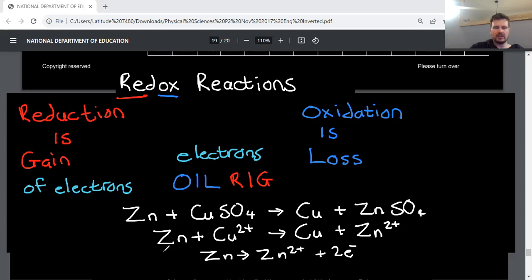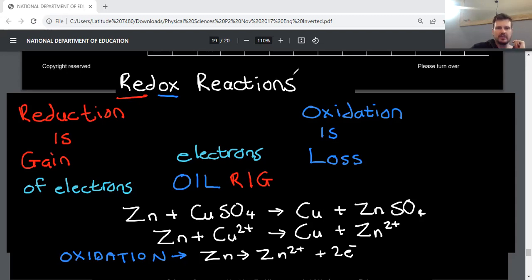Would this be oxidation or reduction? It would be oxidation, because oxidation is loss. Because it's lost electrons, the Zn has gone to Zn2 plus and 2 electrons.